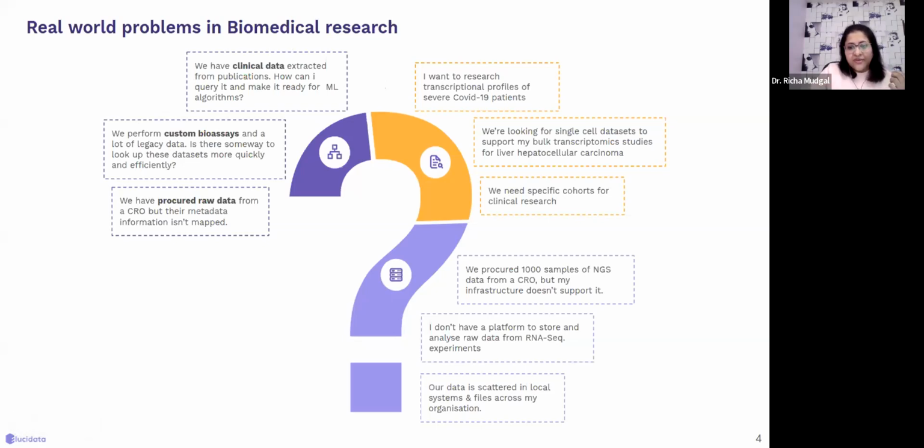Another important aspect is that they want to procure data from outside sources and validate their own hypothesis, but they lack expertise in first finding that available data and then making it usable for their research.